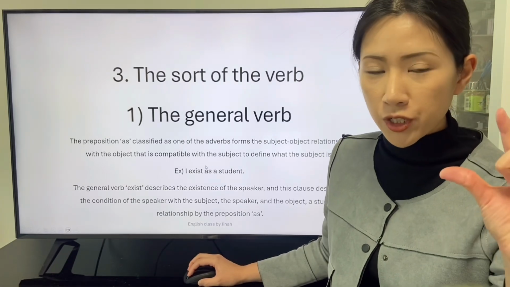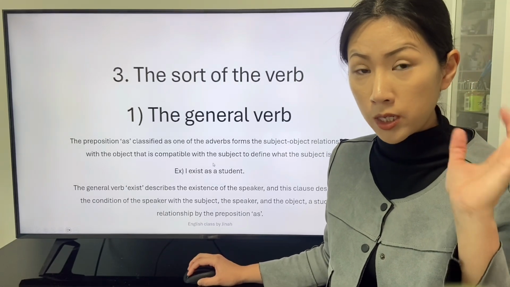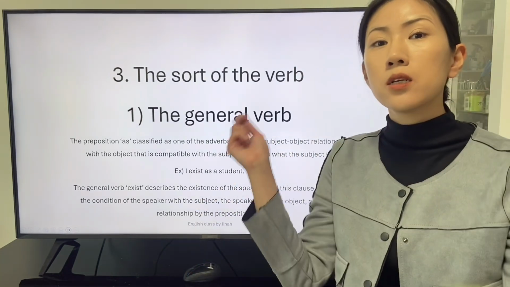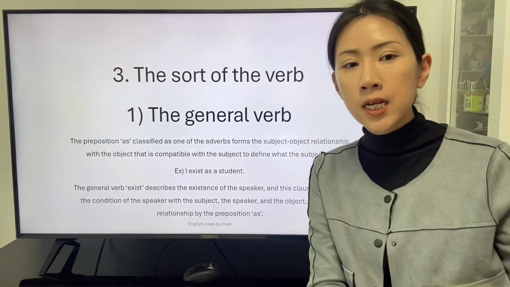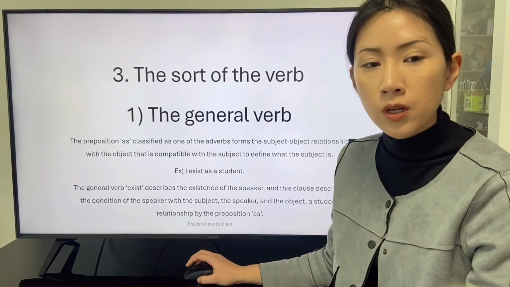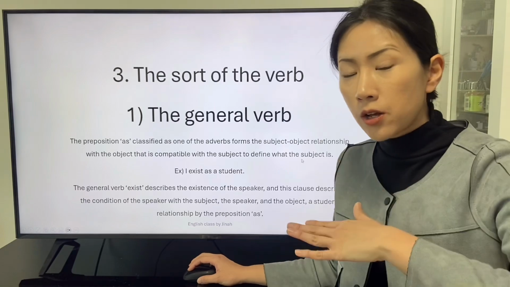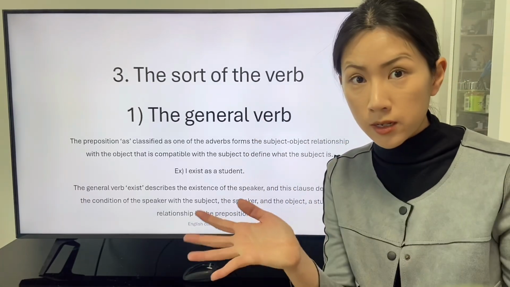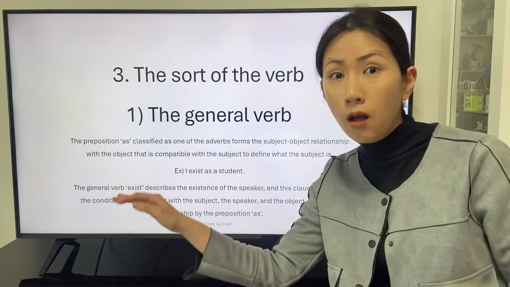The preposition as and the object of the preposition a student describe the subject, the speaker. So this clause describes a condition of a subject who is the speaker of this clause.